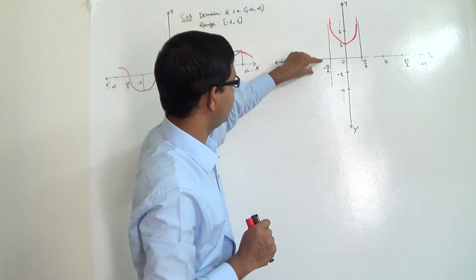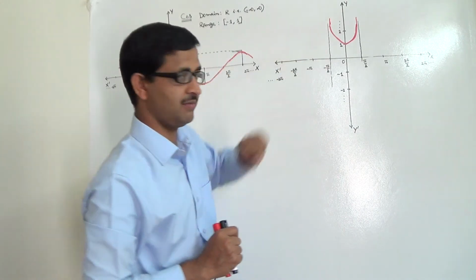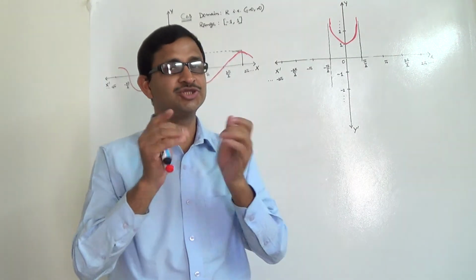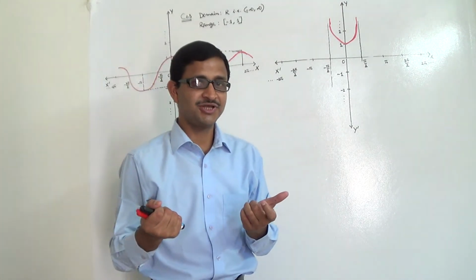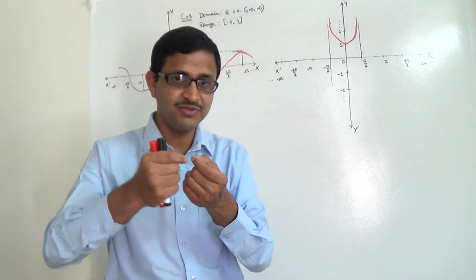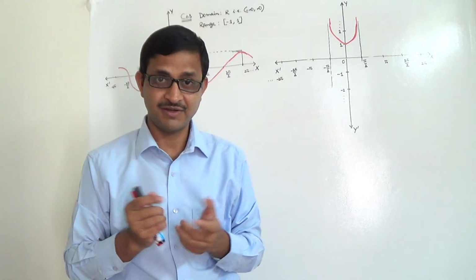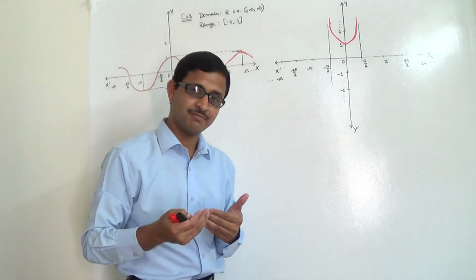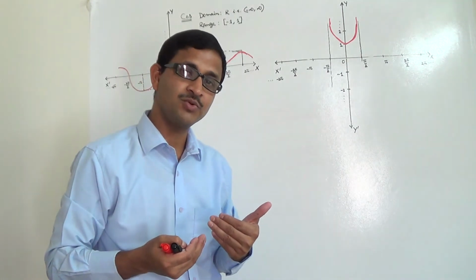In a similar manner, we cannot find the value of sec minus pi by 2, and that is the reason this curve cannot touch that point. If it touched, that would mean we find an intersection between this curve and this straight line, but that is not possible, right? Because sec 90 degrees, that is sec pi by 2, and sec minus pi by 2 are not defined.